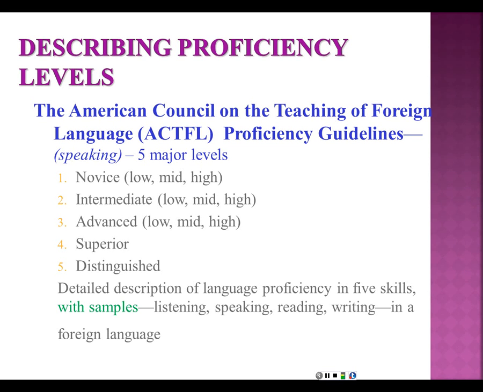Okay, so in each of 5 skills there are samples that you can listen to, and we will be looking at some of them.